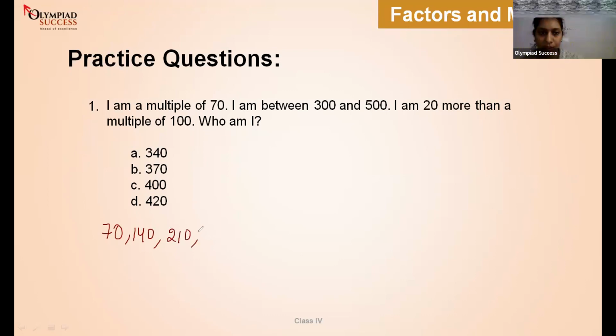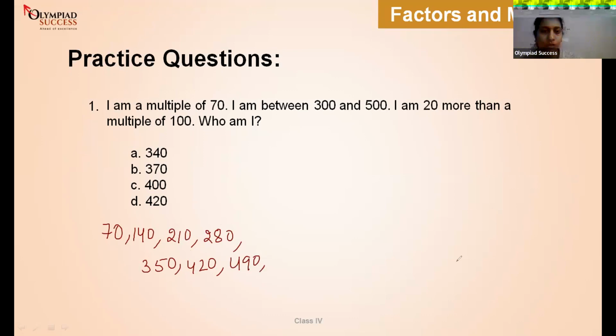Then what are the other multiples? 280, 350, then 420, then 490. Okay.